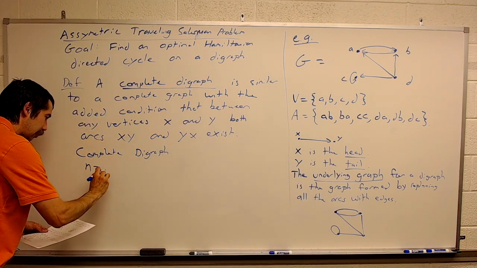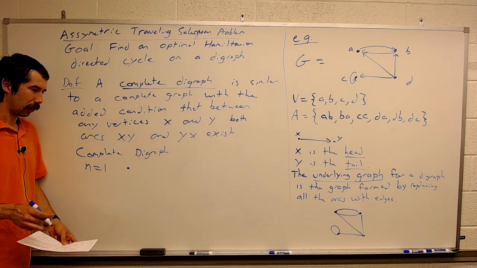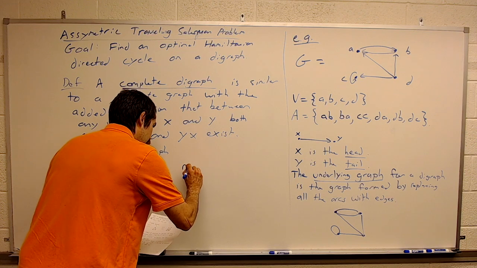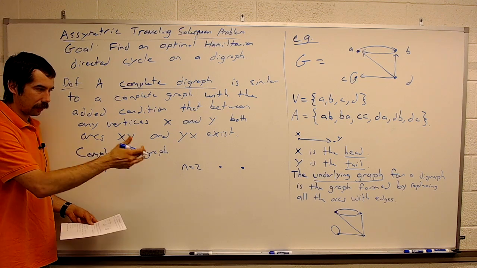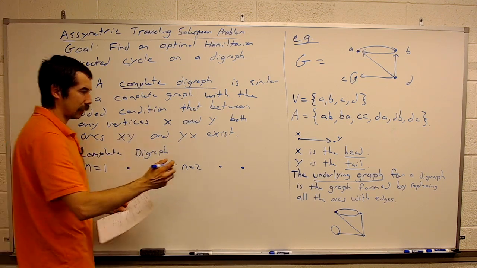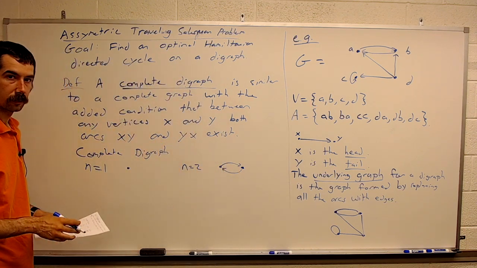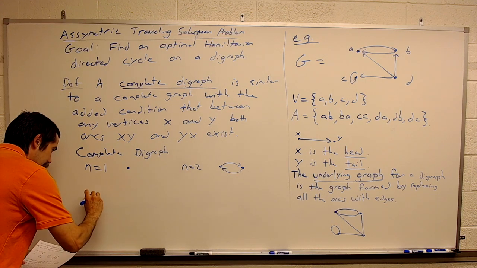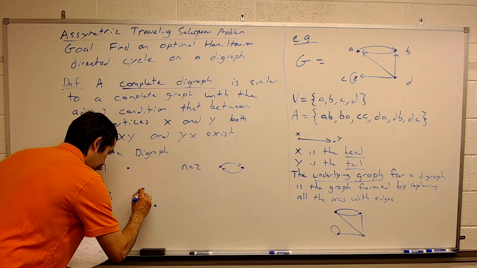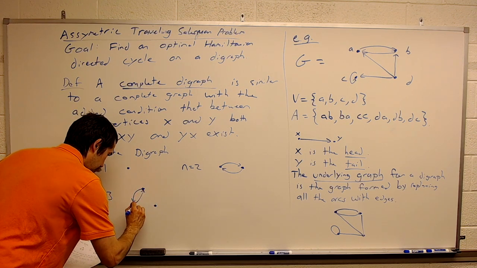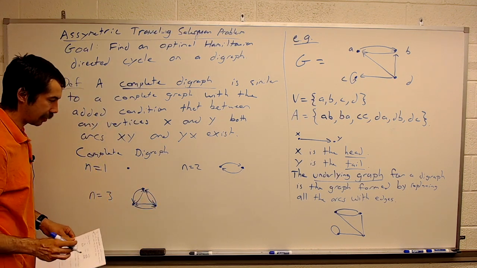So the complete digraph for n equals 1 is just a point. Right? There's no pairs of vertices, so there's nothing to put arcs between. For n equals 2, we have these two vertices, and between the two vertices, we're going to have an arc going one way and the other. For n equals 3, you can see it starts getting pretty messy.